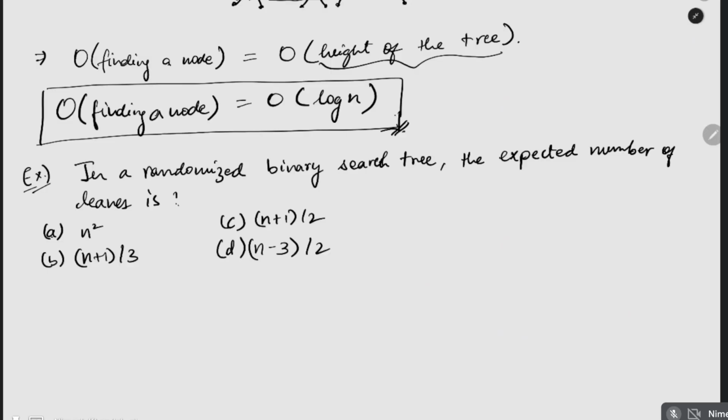So we want the average or expected number of leaves when we are making a randomized binary search tree.